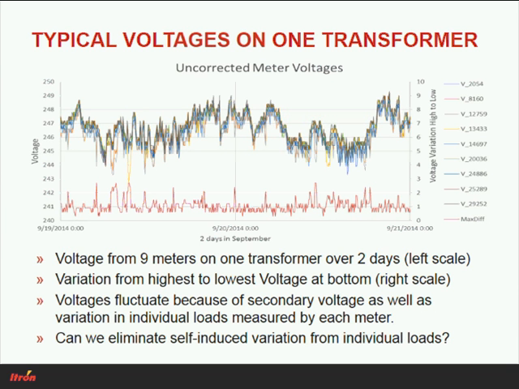So one trick to do this a little better is to eliminate the variation from what we call self-induced variation. Each meter's voltage is a combination of secondary line voltage and the load on that meter. We call that the self-induced variation versus the line variation. So how can we eliminate the self-induced variation from individual loads?